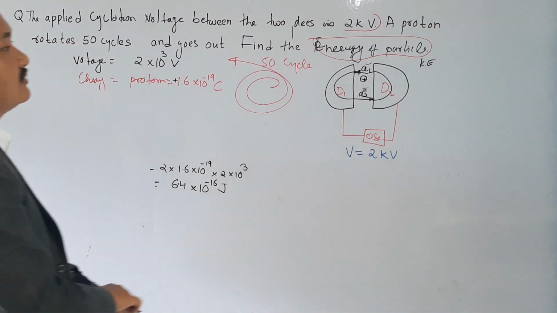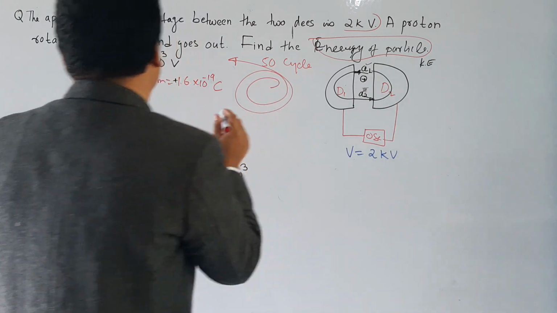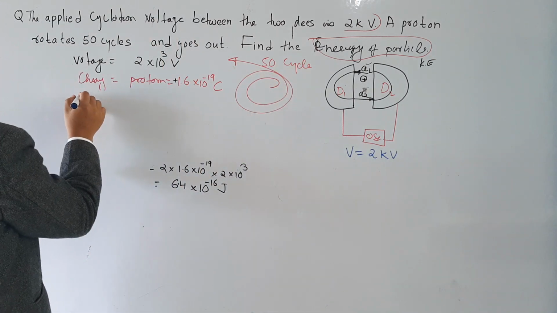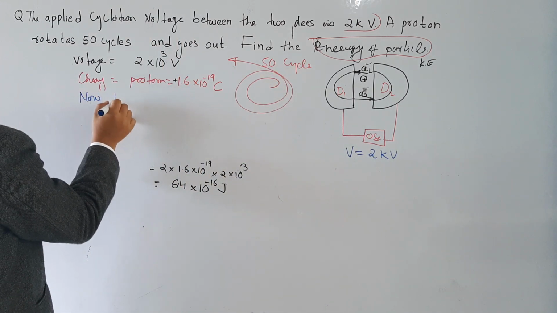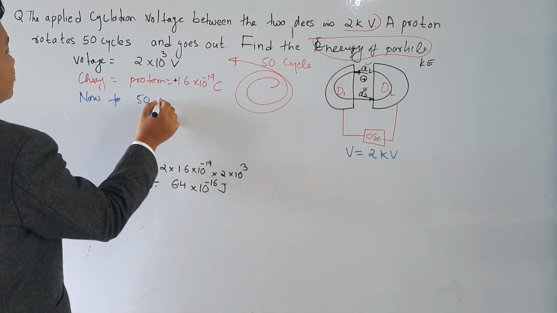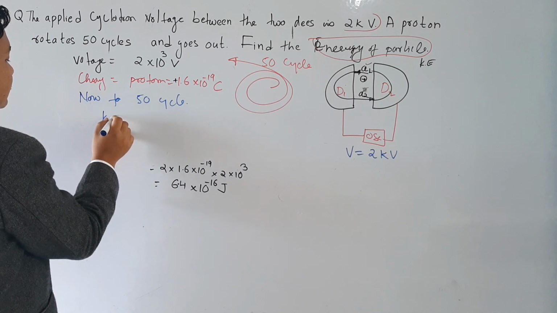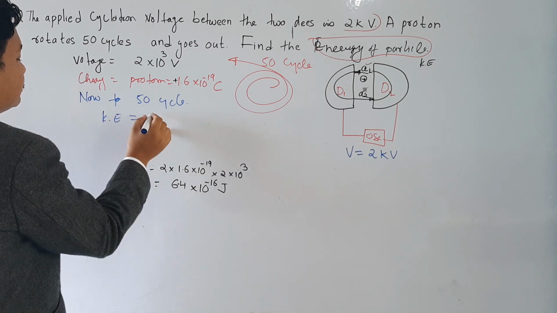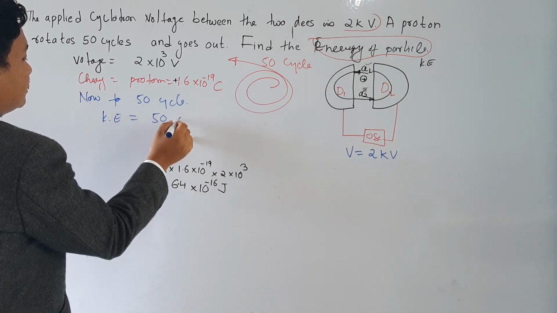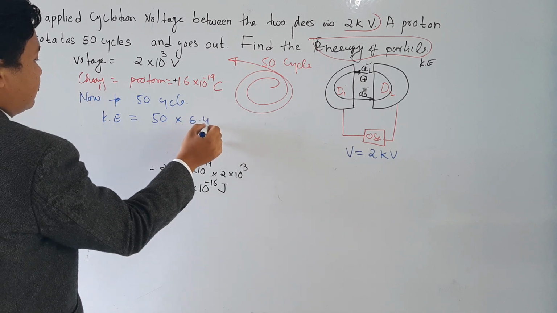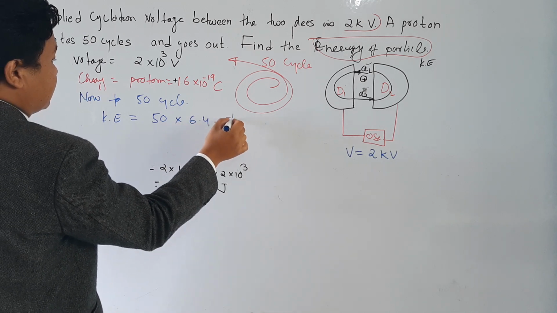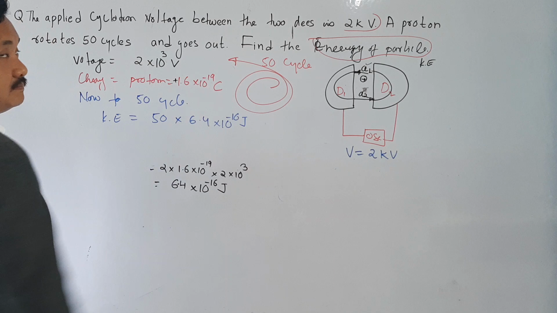Now I have to multiply for 50 cycles. It is very easy. For 50 cycles, the kinetic energy is 50 into 6.4 into 10 to the power minus 16 joule.